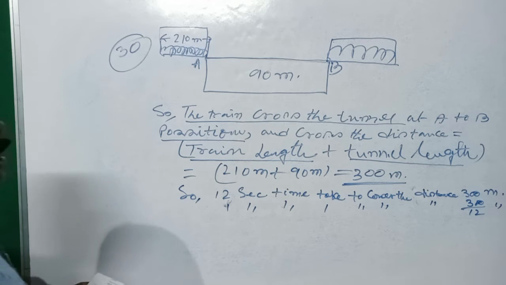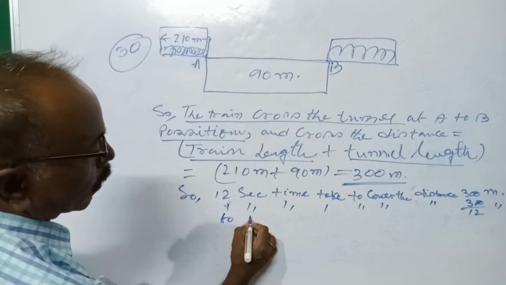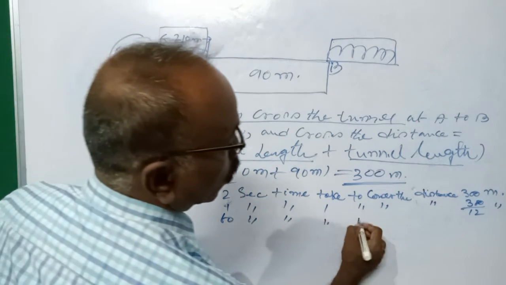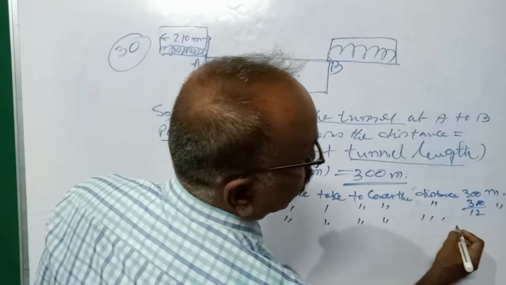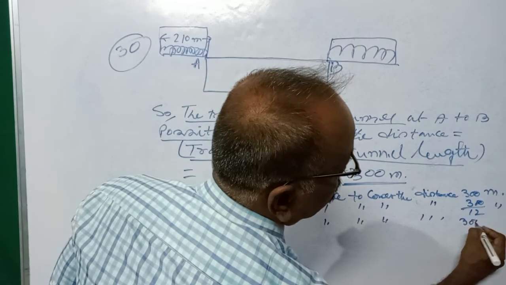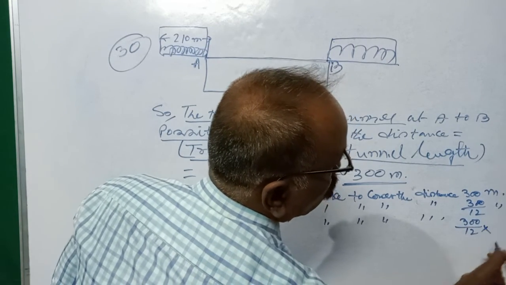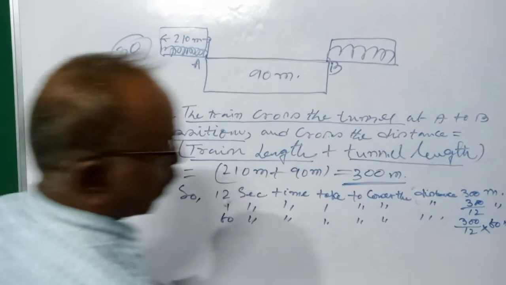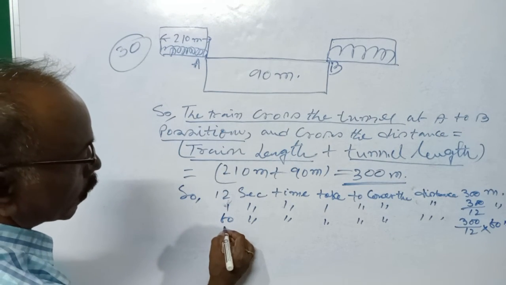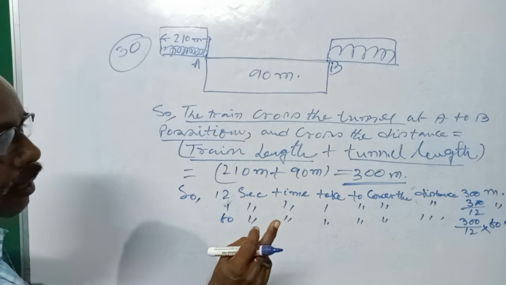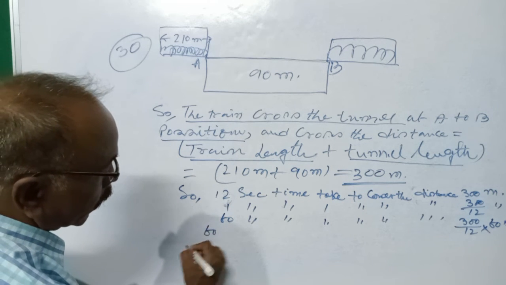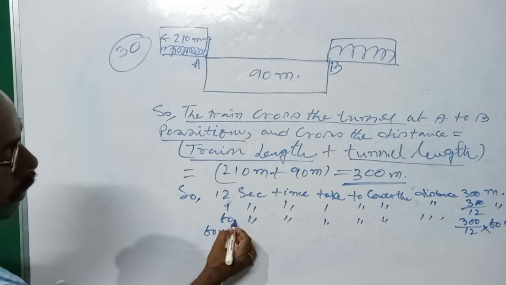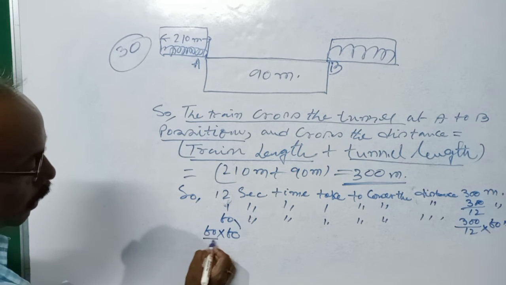Similarly, in 60 seconds the time taken to cover the distance is 300 by 12 into 60 meter. 60 seconds means 1 minute. Similarly, 60 into 60.